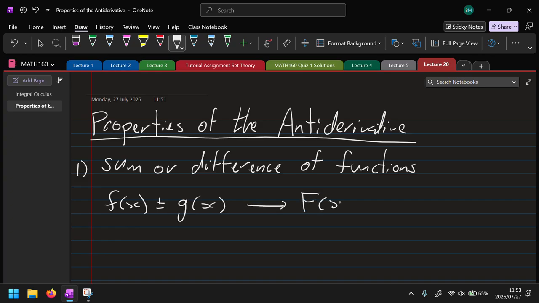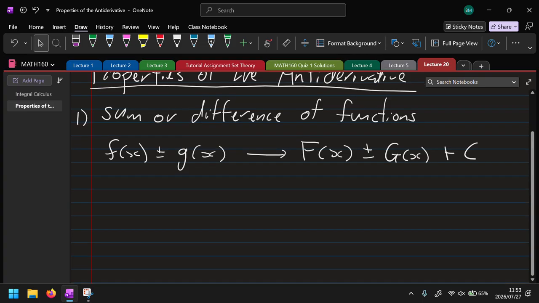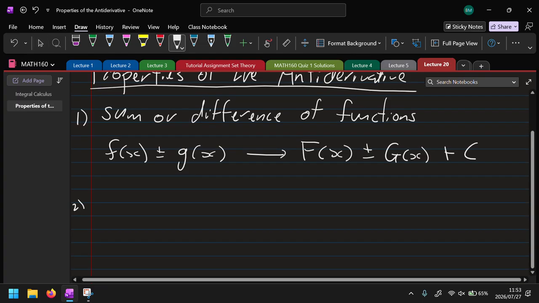So we can write this as capital F of x plus or minus capital G of x, and again plus c, just to be safe. Okay, so given little f and little g, if it's a sum, we can just look at each one individually and do the antiderivative. And then number 2, the constant multiple.